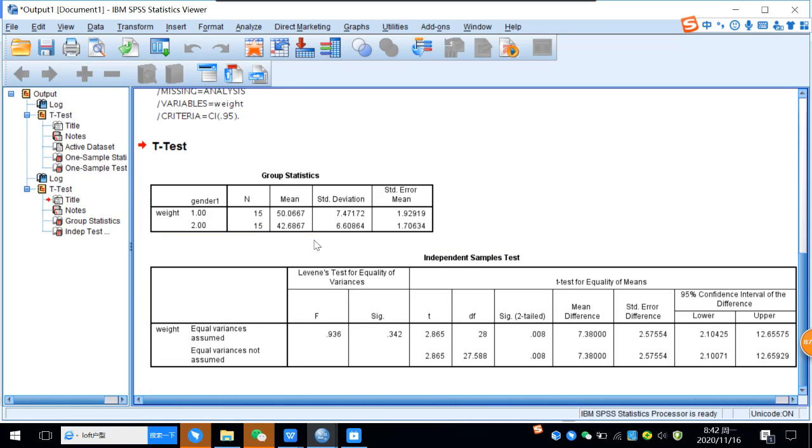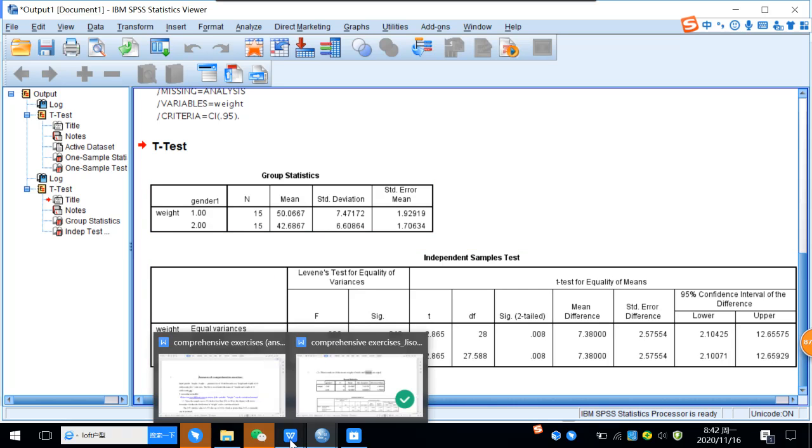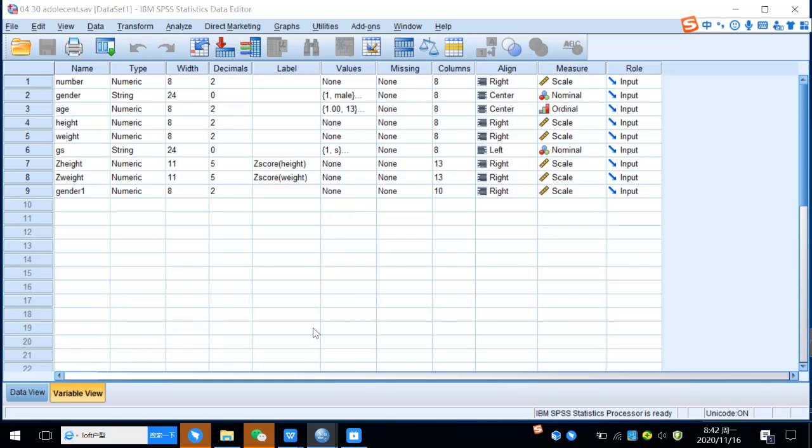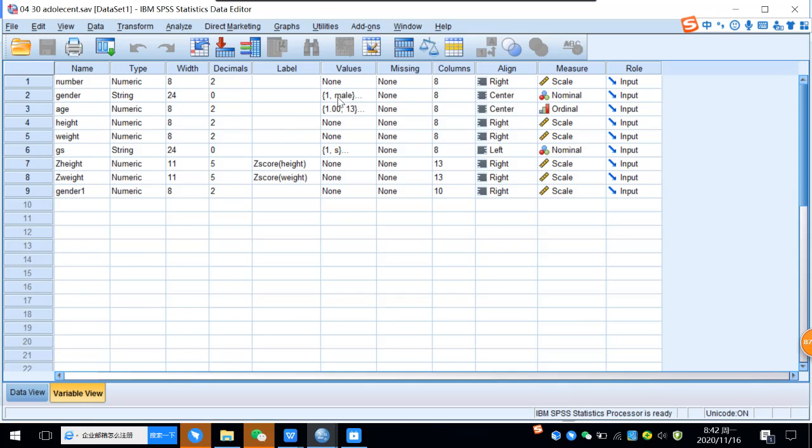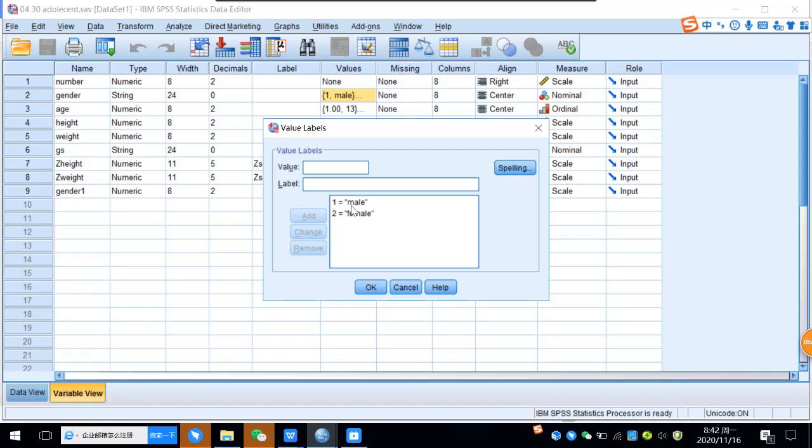Okay, also through here you can see the gender, let's look at the gender. Yeah, so the value 1 is male, 2 is female.